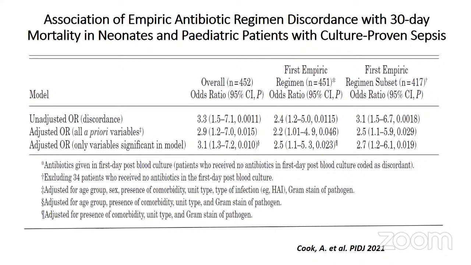But in this study, they've shown that if you start them on empiric treatment and the culture comes back positive and there's discordancy, that means the empiric treatment you used is not covering the bacteria that grow in the blood culture, the mortality is high. So the big challenge is that when you've got a common A4, is it not better for empiric treatment to be colistin rather than meropenem or tazocin and amikacin?